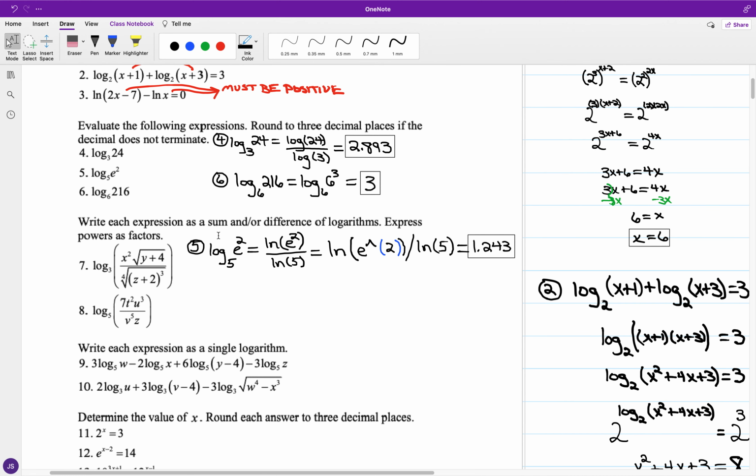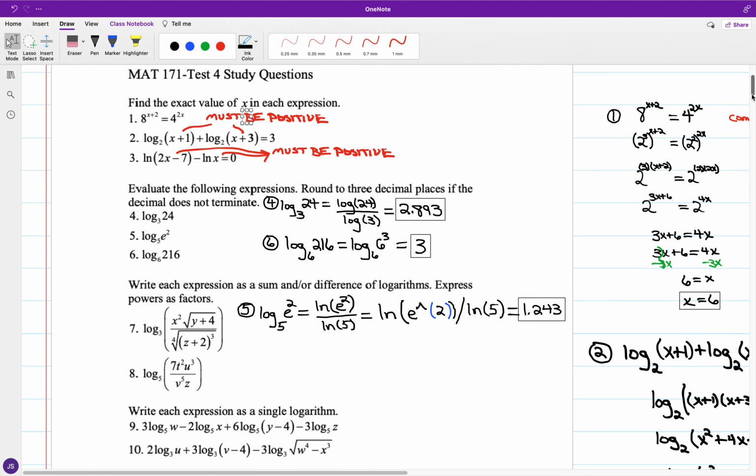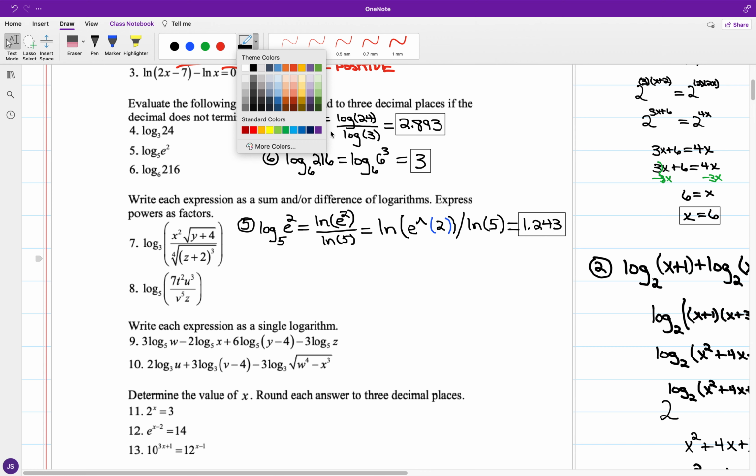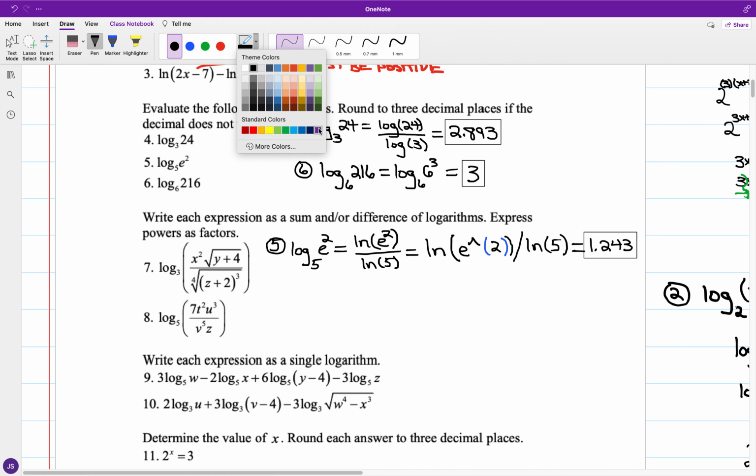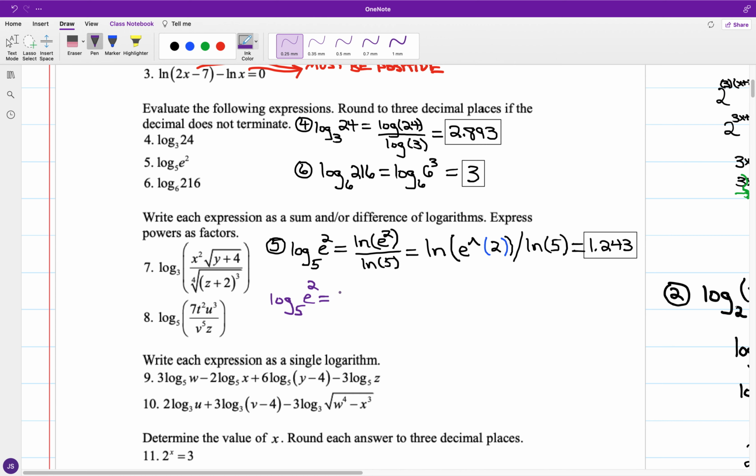You have the base 5 logarithm of e squared, and you can have the natural logarithm of e squared over the natural logarithm of 5.